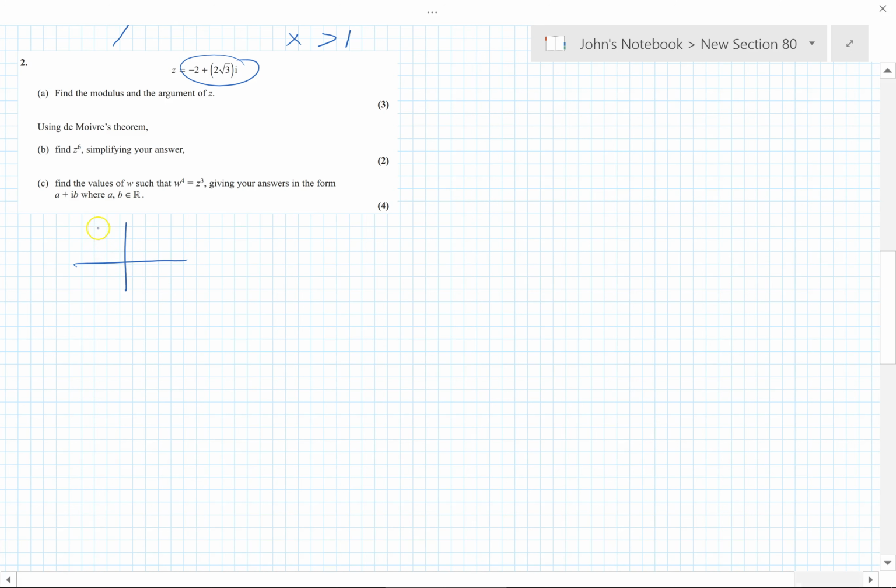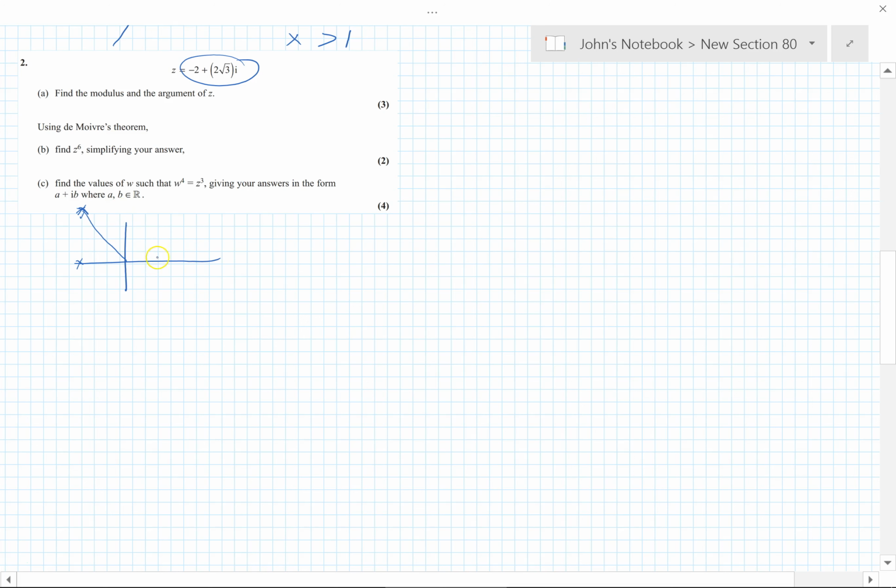Minus 2 square root of 3, so it's minus 2 this way, so it's going to go to minus 2 here, and 2 the square root of 3 up here, so that's that point on the Argand diagram there.